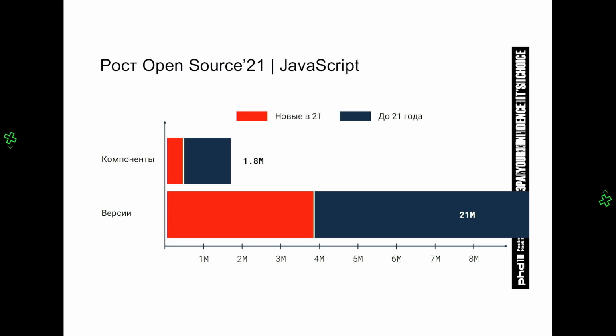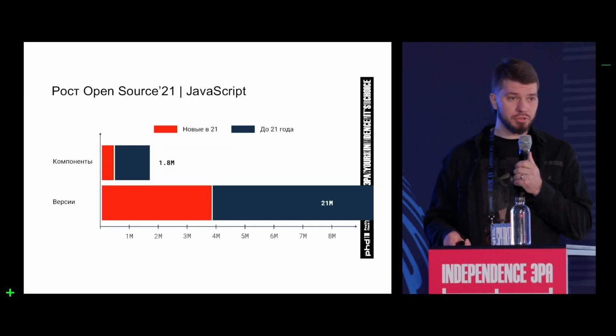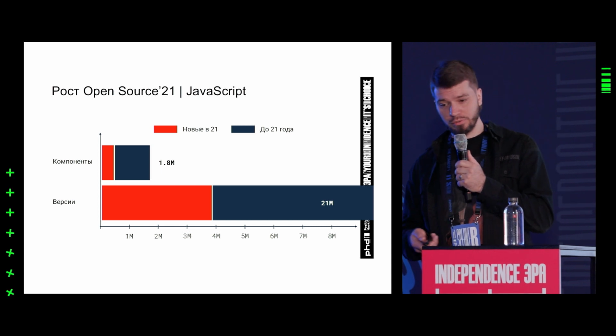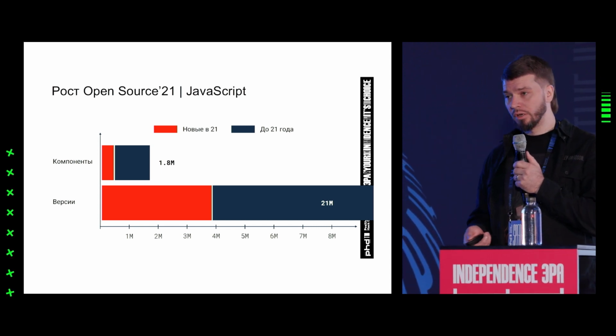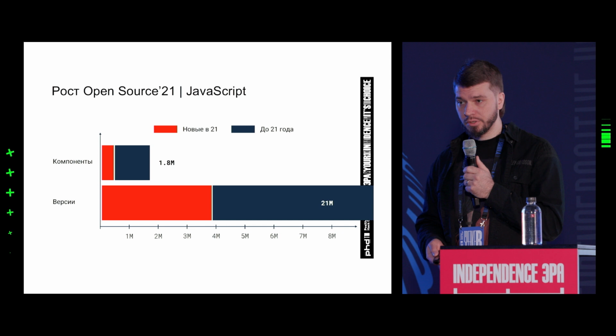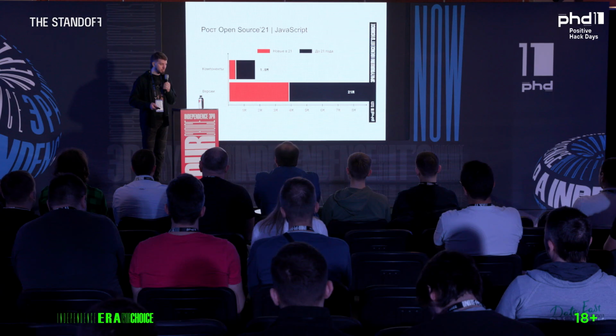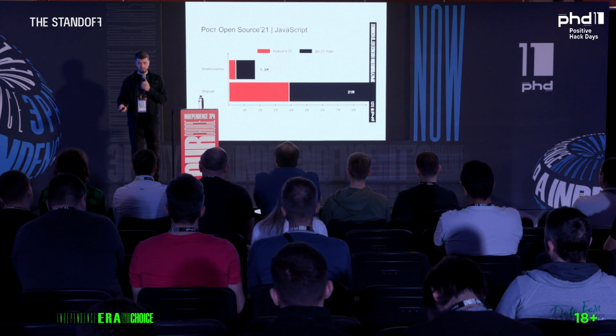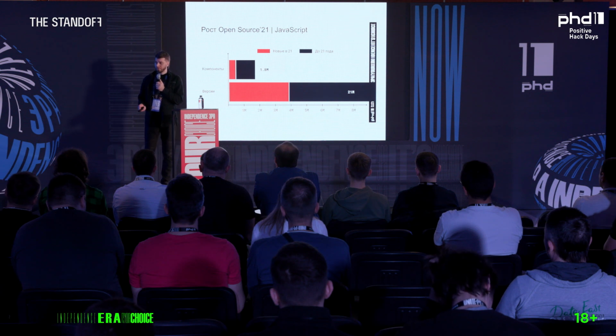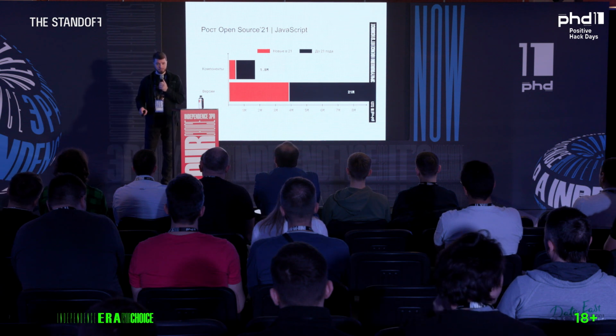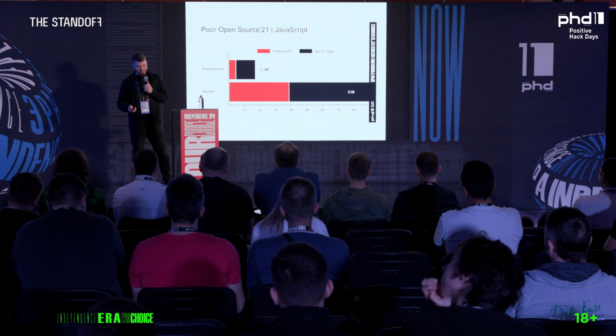And here we don't even have space for JavaScript in this slide. The number of components in JavaScript is growing, and quite significantly. Those who really know everything about DevOps know how to release 10 times a day.